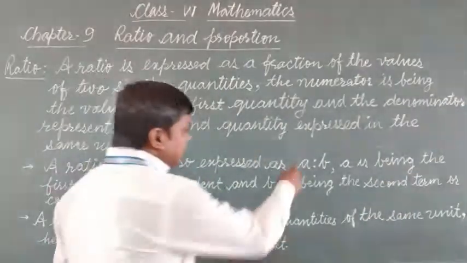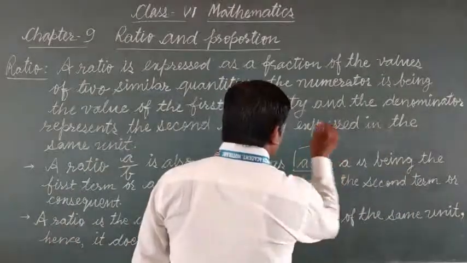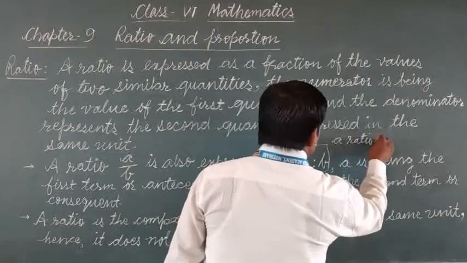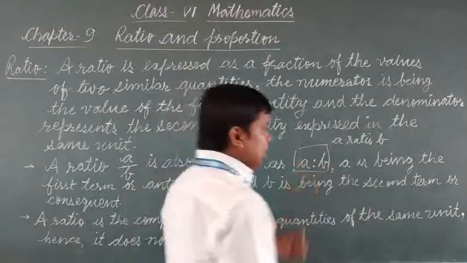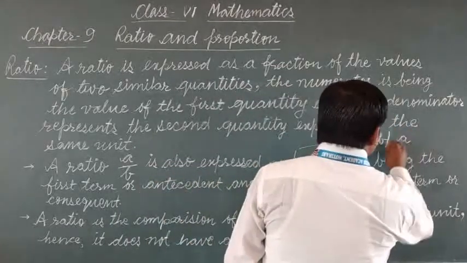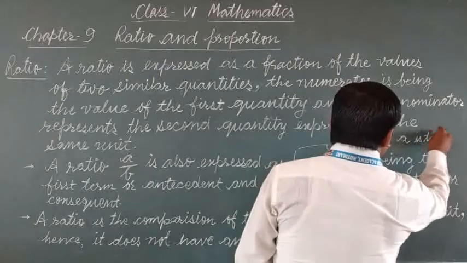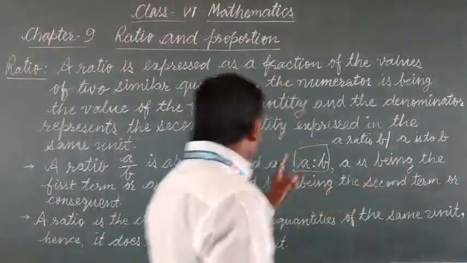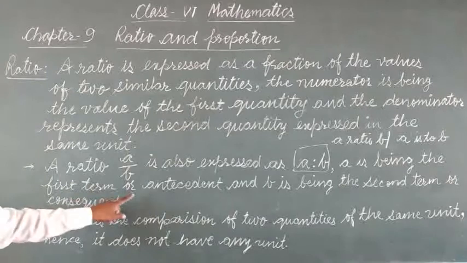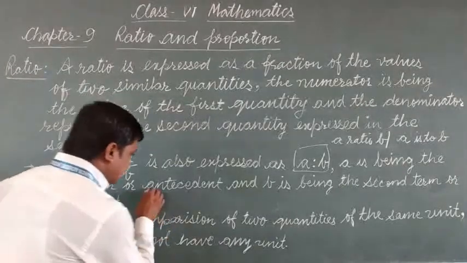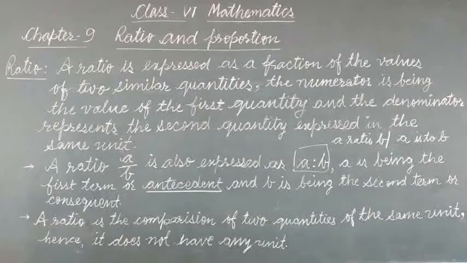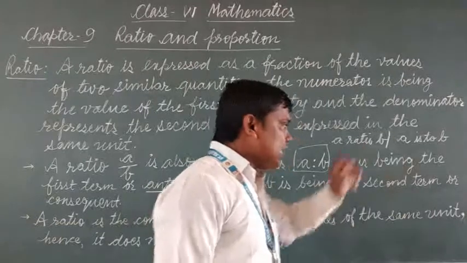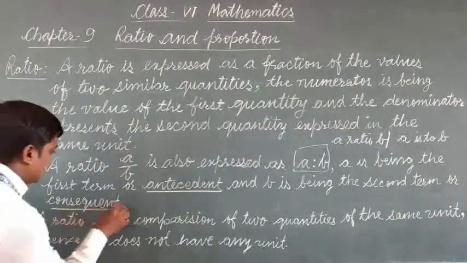We can also write A ratio B, or ratio of A and B, or A is to B, where A is the first term or antecedent, and B is the second term or consequent.